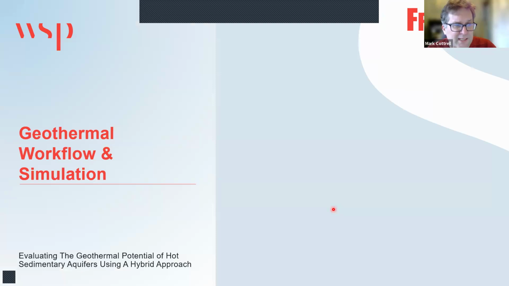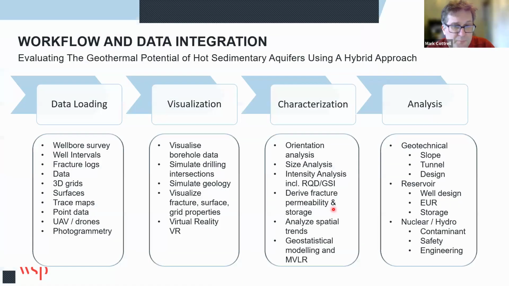Okay, the next section, I'm just going to talk a little bit about workflow and simulation, the types of data that we typically rely on, and the process in which they're used. So the left column is very much the data that we look to load into our models. It could be well data, logs, or outcrop data that maybe we use as an analog.